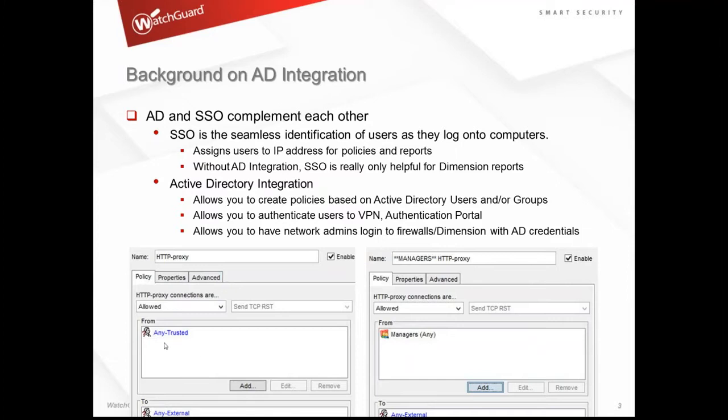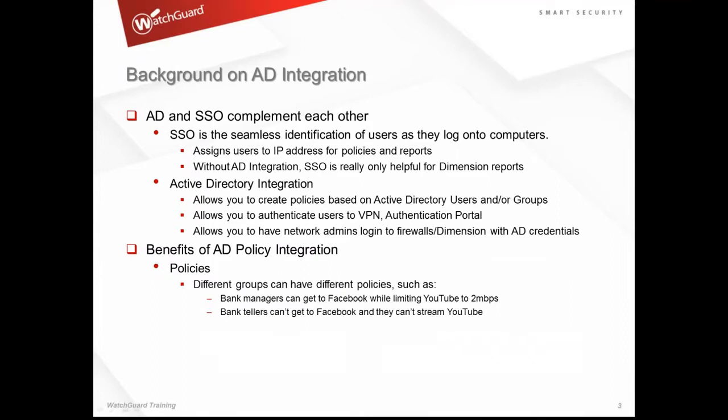As we can see here, we've taken it away from Any-Trusted, and in this sample we're moving into, for instance, a bank environment where maybe the managers have one set of policies and the bank tellers have another set. So in this case, we're building policy based on the Active Directory managers group, and if Sally belongs in the managers group, she's going to get that policy as well.